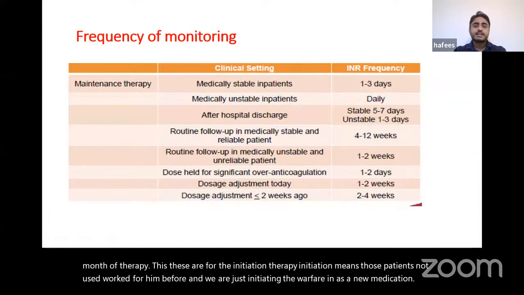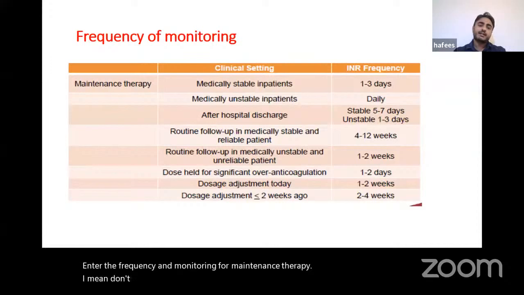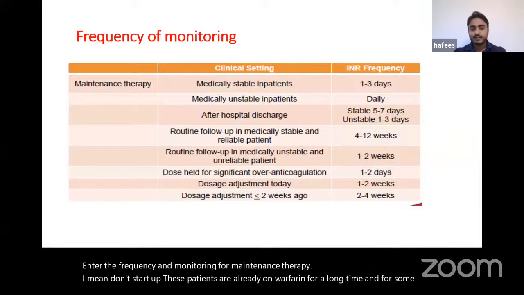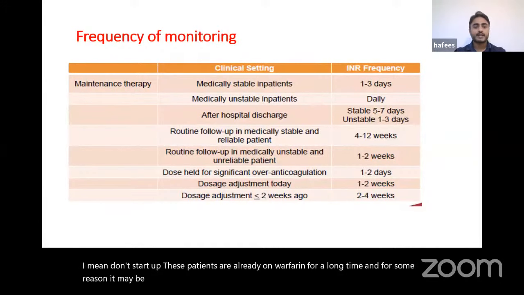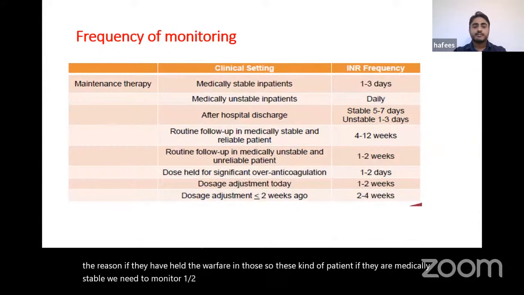And the frequency and monitoring for maintenance therapy. In maintenance therapy, these patients have already been on warfarin for a long time, and for some reason, such as over-anticoagulation or hospital admission, the warfarin dose may have been held. If these patients are medically stable, we need to monitor every 1 to 3 days.